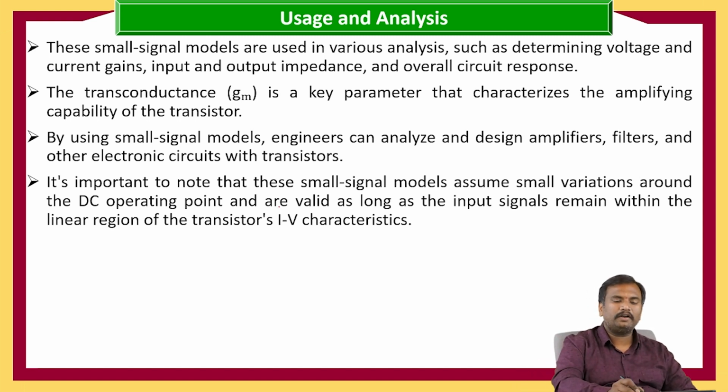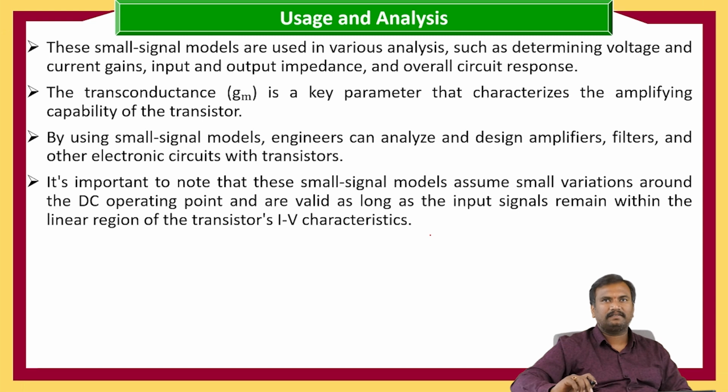It is important to note that these small signal models assume small variations around the DC operating point and are valid as long as the input signals remain within the linear region of the transistor's IV characteristics.